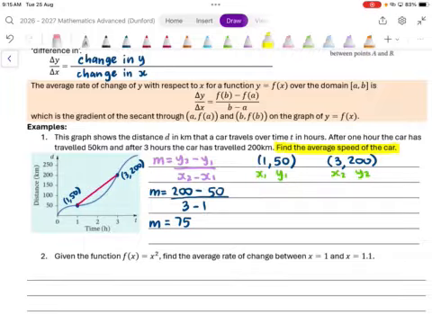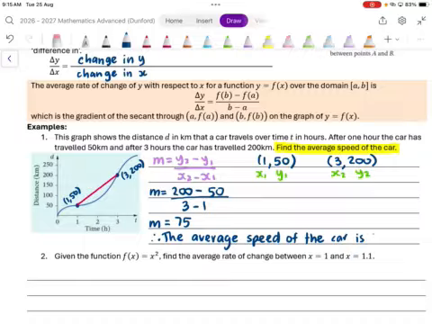So we want to answer it with some words. So we want to say that therefore the average speed of the car is 75 kilometres per hour. Okay, so we want to explain what we're saying in our question so that we're answering it correctly.